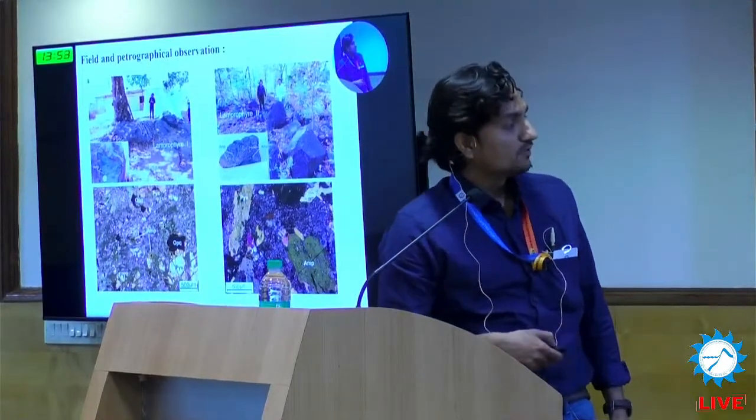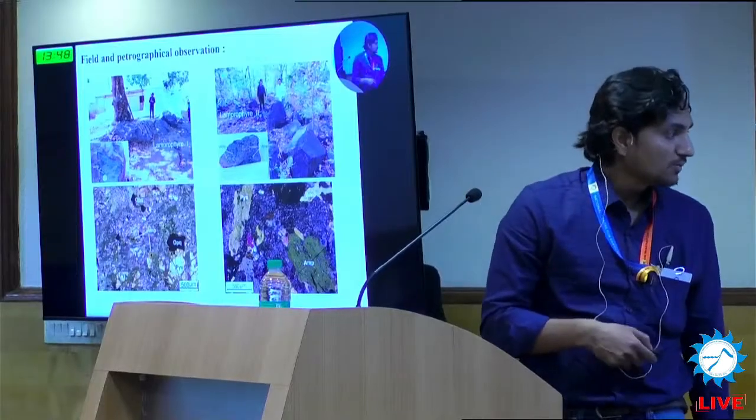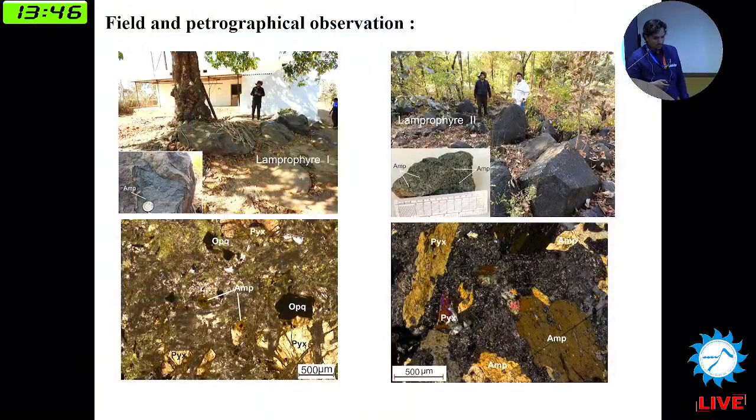This is a photomicrograph of lamprophyre 1 showing the predominance of pyroxene and amphibole, and feldspar restricted to the groundmass. This is a petrographic image of lamprophyre 2 showing the predominance of amphibole. The feldspar is also restricted to the groundmass, which is very peculiar for lamprophyre.